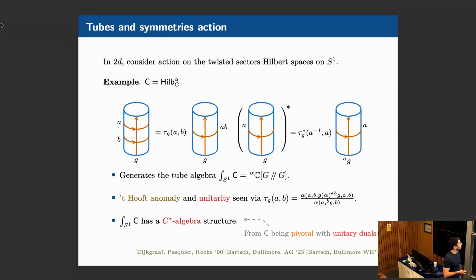What we find is that this structure describes what we call the tube algebra, which in this particular invertible example corresponds to the twisted Drinfeld double algebra. And if our C has the correct kind of data that allows a good graphical unitary calculus, we find that this algebra that describes the action on local operators between the various twisted sectors is precisely a C-star algebra structure.